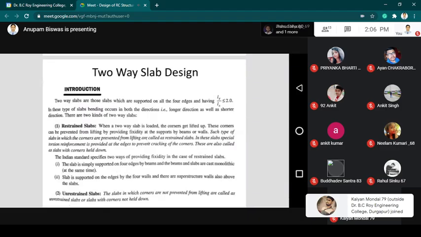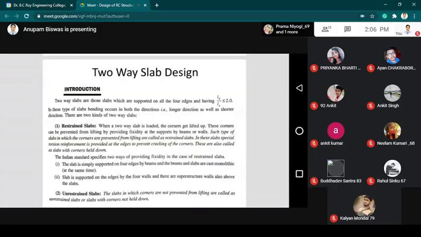Another type of fixity is when the slab is supported on the edges by four walls, and there are superstructure walls above the slabs.